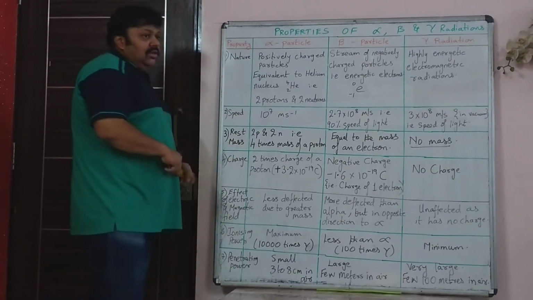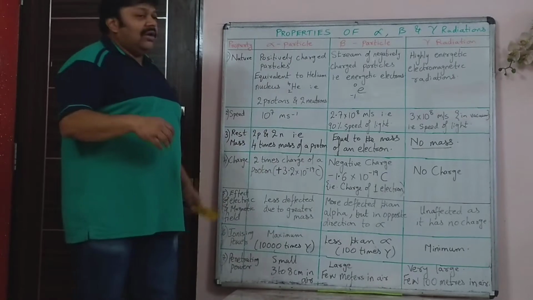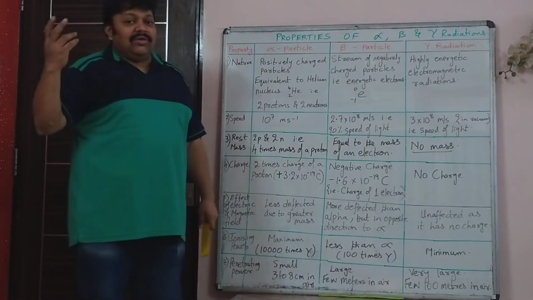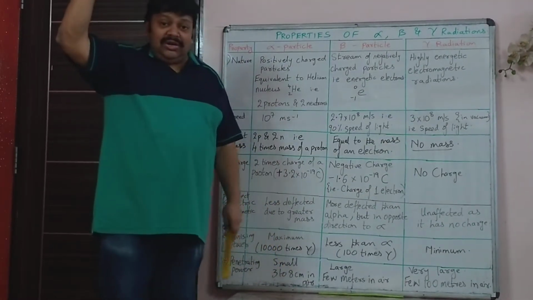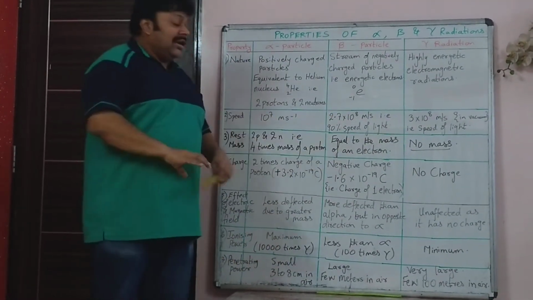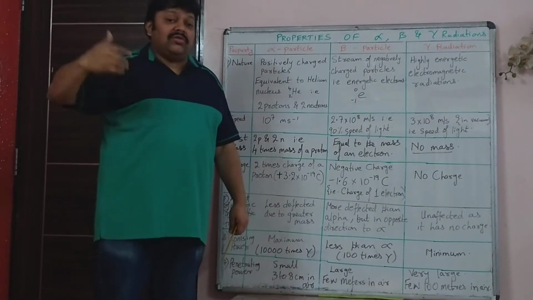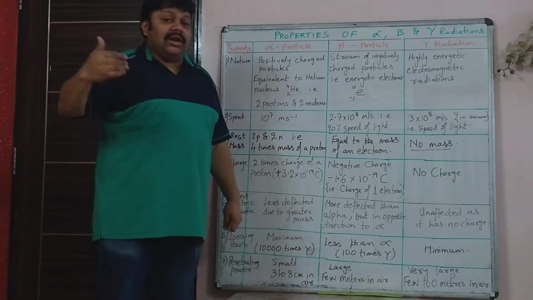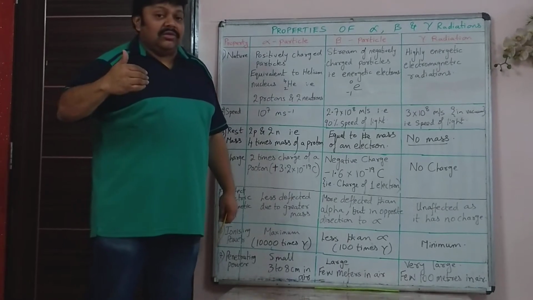Rest mass. Rest mass is given because when these particles travel, they are traveling with huge speed, almost the speed of light. That is why, as you have learned in 9th standard, when the speed of a particle tends to the speed of light, the mass changes slightly.